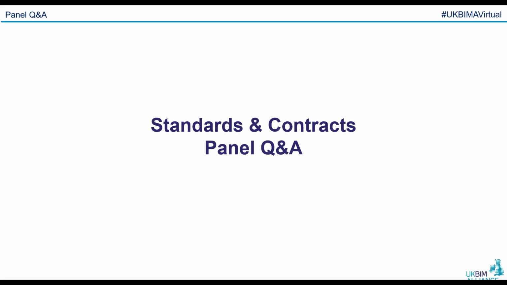So there is another question, again, about the level 2 terminology. It says that the government procurement policy still specifies BIM level 2. So are the UK BIM Alliance doing anything to change this? Can I respond?